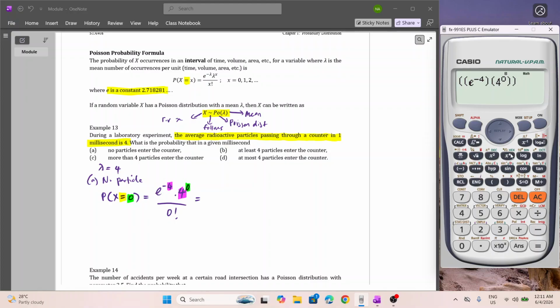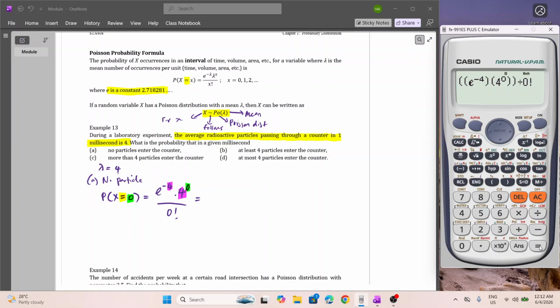Why did I open the bracket 2 times? Because everything that we put here is for the numerator, so we group it as 1. Then you can divide by the denominator, which is 0 factorial, shift and this one.